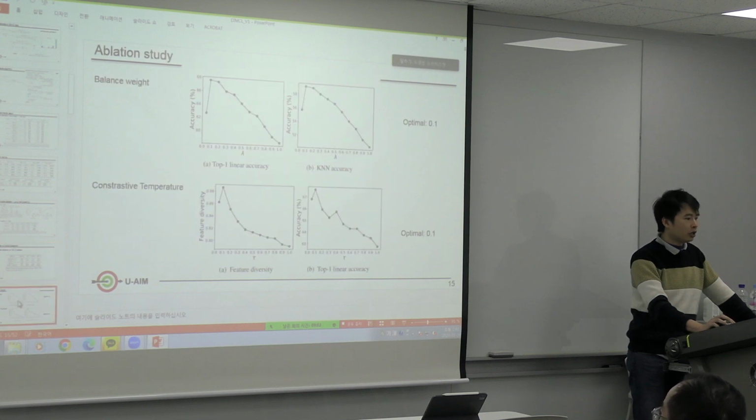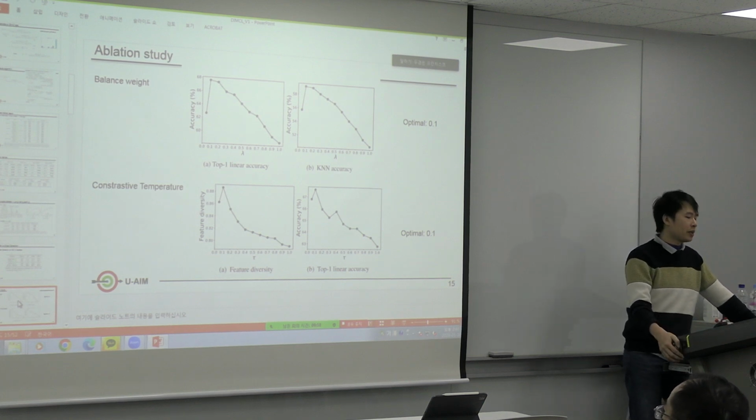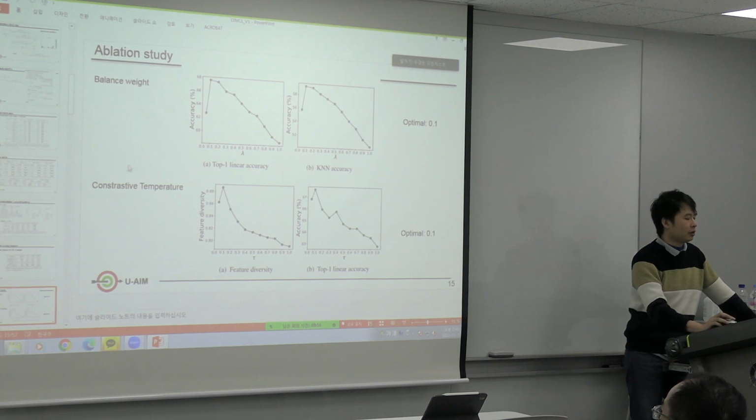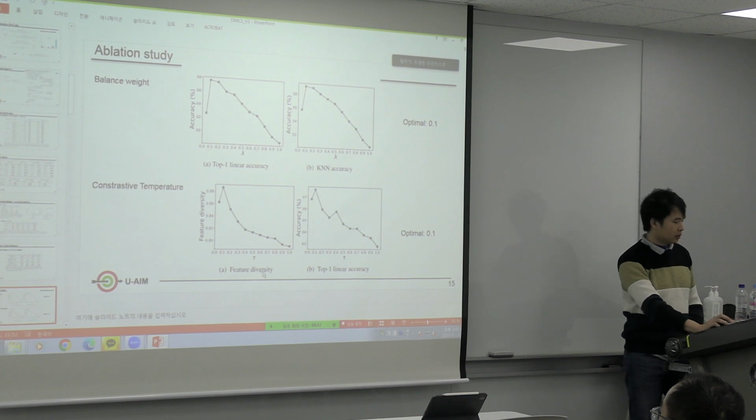And usually in the paper we should perform an ablation study about the hyperparameters. In this paper we introduce the lambda balance weight, and we show what the optimal balance weight is for our method. Here lambda should be around 0.1, and for the contrastive temperature we also need to perform the analysis.